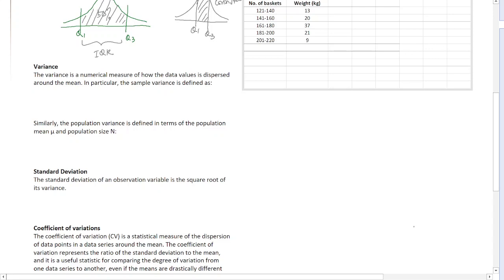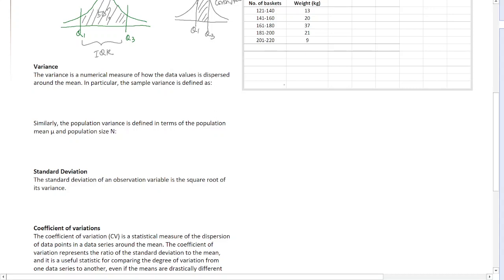If you are talking about range and interquartile range, there is no certain reference point being included in your measurement. Okay, there's no reference point. But when you talk about variance, we added one more information where you put in the reference point for you to calculate the dispersions. And in this situation, the reference point is your mean value.